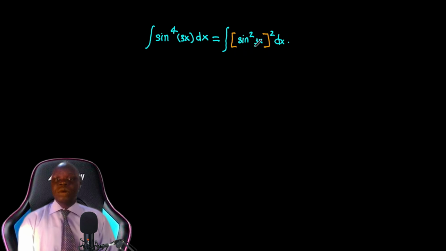Now again, we already know what to do here. Let's go ahead and do that by substituting sine square 3x with, so let's maintain our square bracket here, and at this stage we have 1/2 into 1, since it is sine, then we have minus here, so we have cosine of, now we have 3, and the rule says we have to double this, so when you double 3 you get 6.